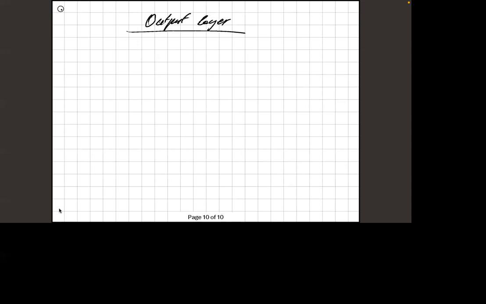So we have our x1 to x10, we have our activation functions, then we have our scores.